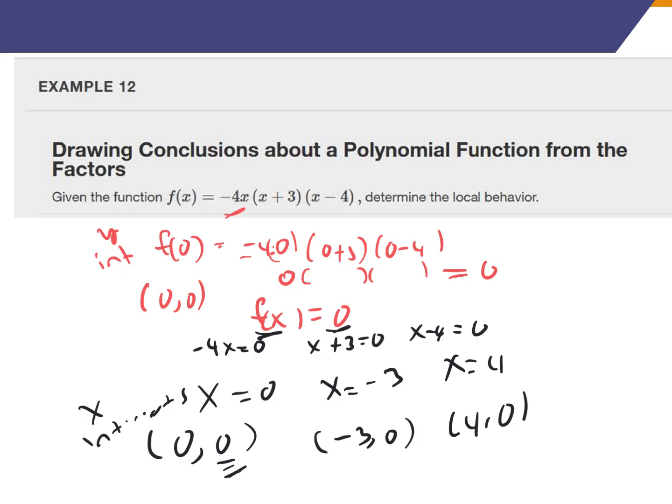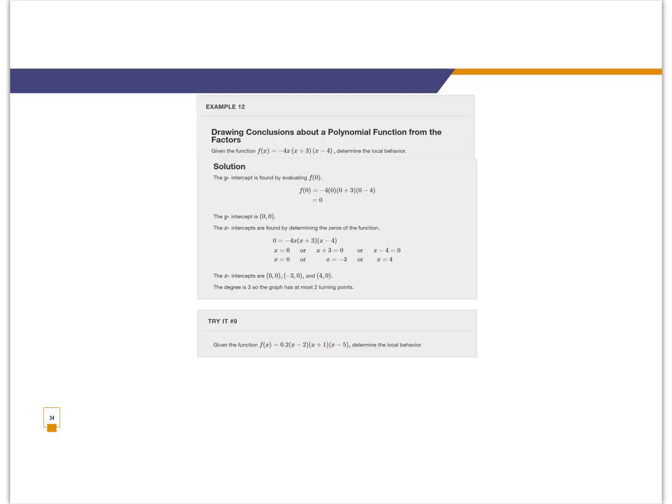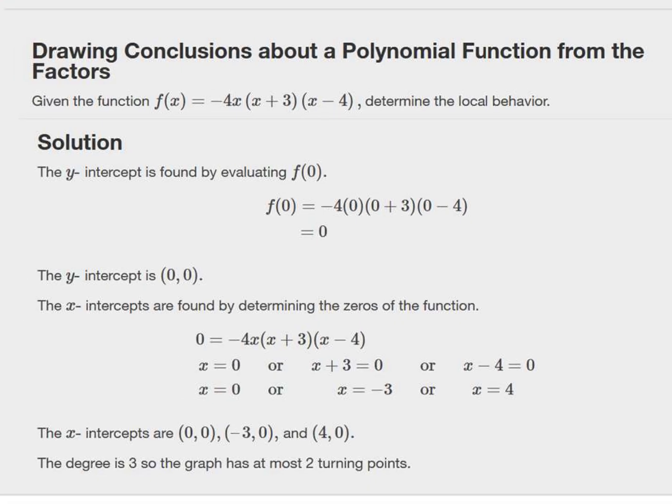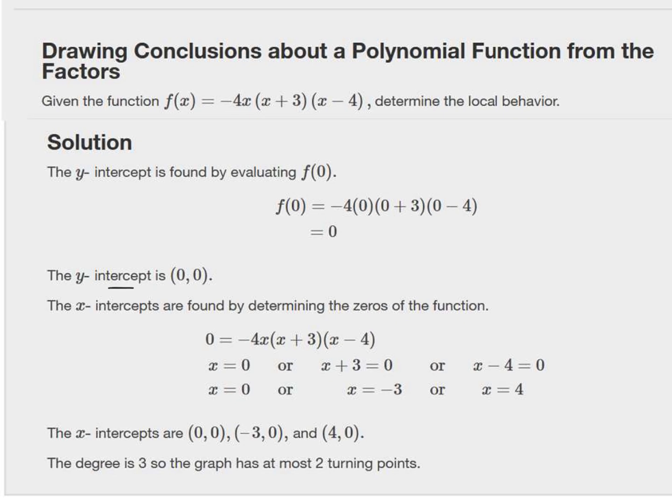And I know for a fact that x times x times x could be an x cubed. So it could have 2 turning points. I don't know if I have the solution on the next page or not. I do this time. Yay. Okay, there it is. There's my y-intercept 0, 0.